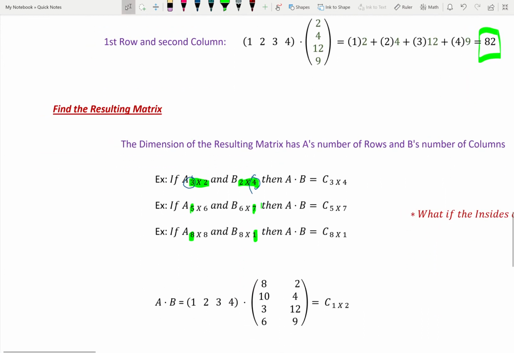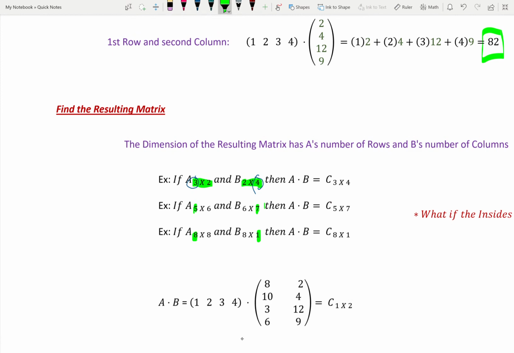So for us, A has 1 row and 4 columns, and B is 4 rows and 2 columns.